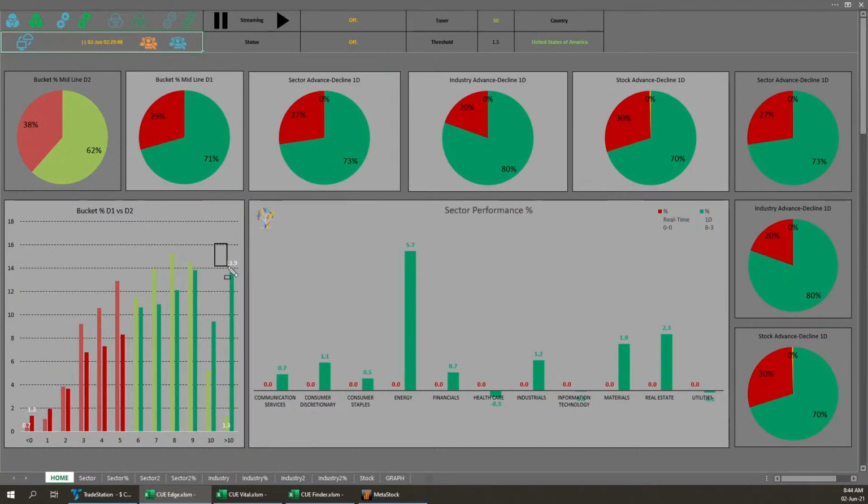Bucket analysis, it jumped up by more than 10% yesterday. Yesterday was not very bullish. I'm doing it live. I think the data is accurate. I updated it. Market was not that bullish yesterday, but I should be careful when I say that. When I say market was not very bullish yesterday, that was based on the market ETFs.